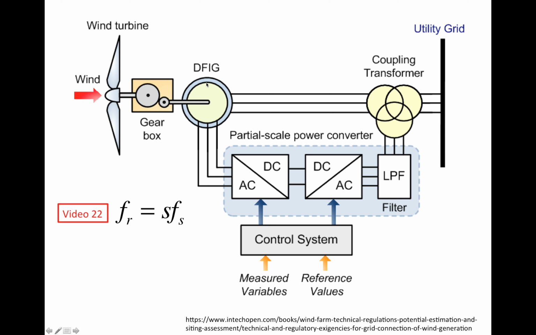Those lines are connected to the rotor, which is the smaller circle inside of it. This rotor is connected to a gearbox, which is eventually connected to the wind turbine rotor. So wind comes this way.